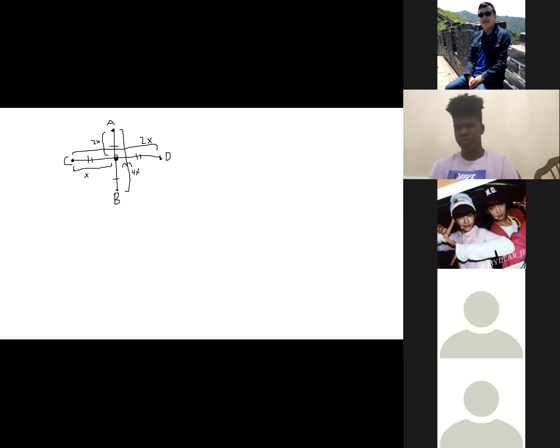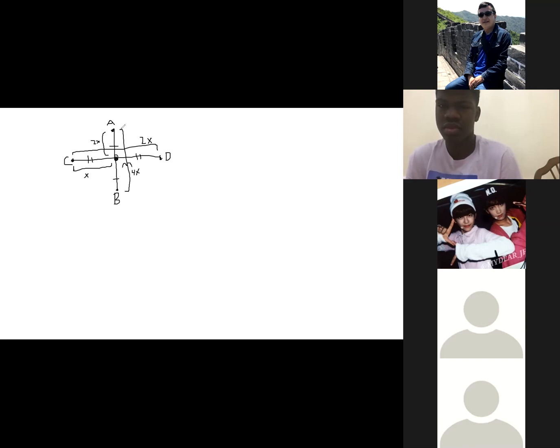Why? Do you get that? Not really. No? Oh, yeah, the whole AB would be 4X. So the reason I was using X is that it says AB is 4 times the length of CM. So I just gave CM a random value, X, and we know AB is 4 times that length.